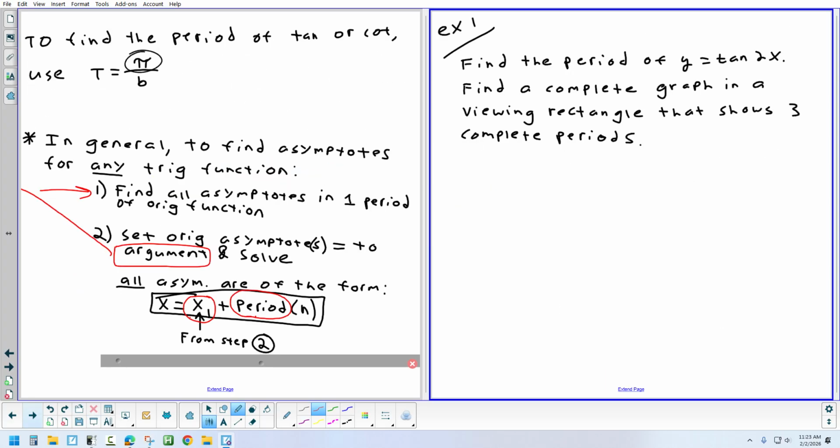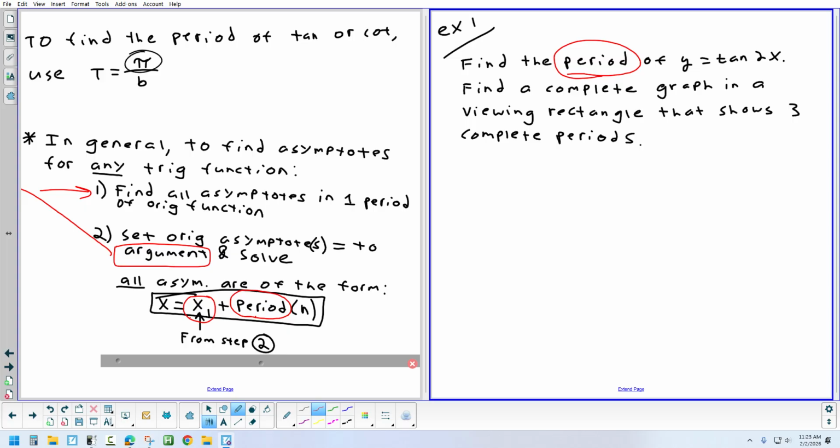All right, so it says find the period and graph it on the calculator and show 3 cycles, show 3 periods. Okay. So if you want to show 3 cycles on the calculator, the first thing you have to do is know how long one cycle is. If you can't figure out one cycle, you're not going to figure out 3. So what's the formula we use to find the period of tangent?